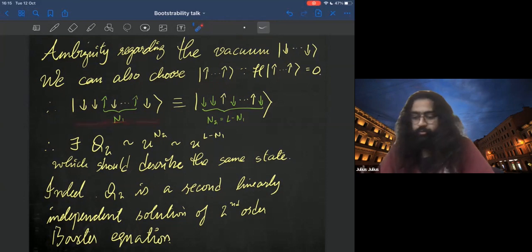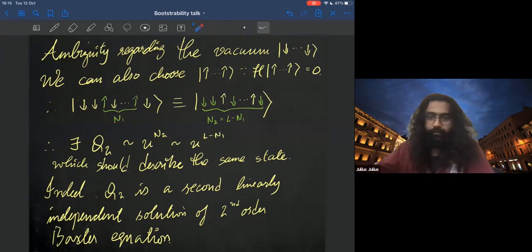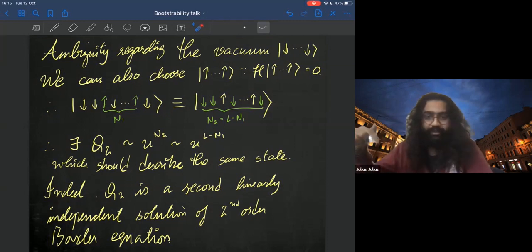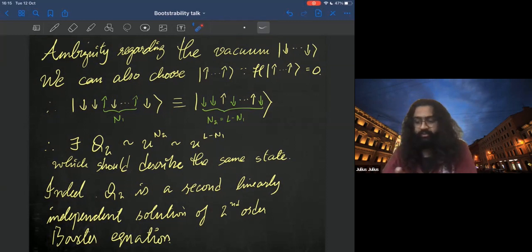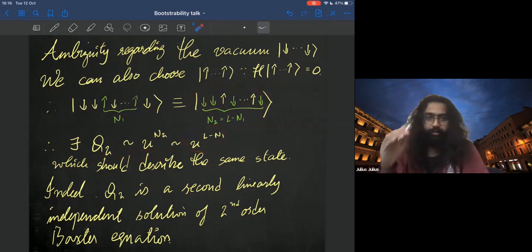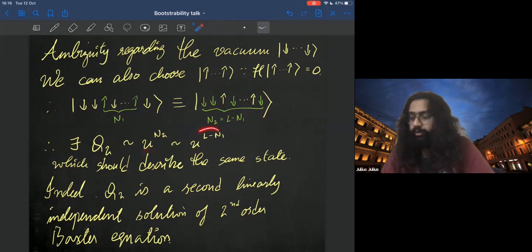Then a state which was n1 spin-ups in a spin-down vacuum now actually corresponds to a state with L minus n1 spin-down excitations in a spin-up vacuum. This state will actually be associated with another Baxter polynomial, which has the asymptotics u to the n2, or u to the L minus n1. Of course, both of these pictures should be completely equivalent, and they should describe the same state.